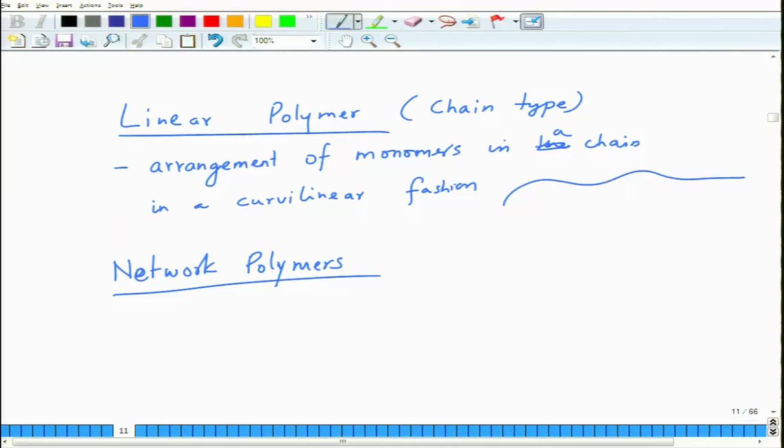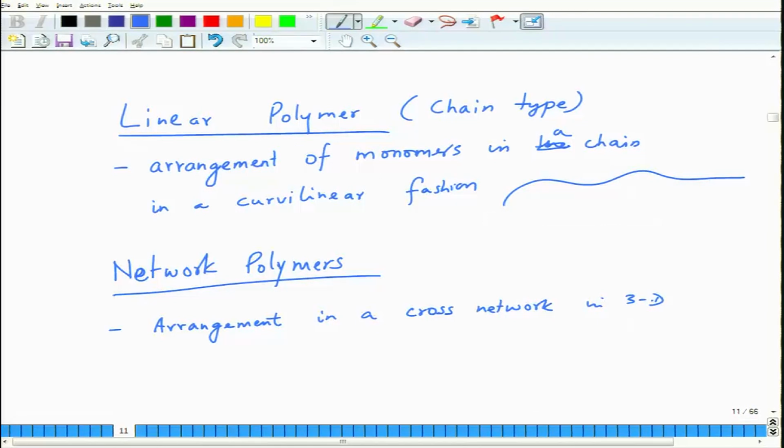These network polymers have an arrangement of monomers in a cross network in 3D.